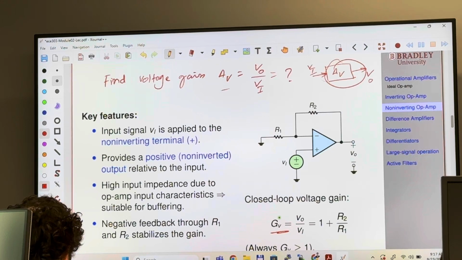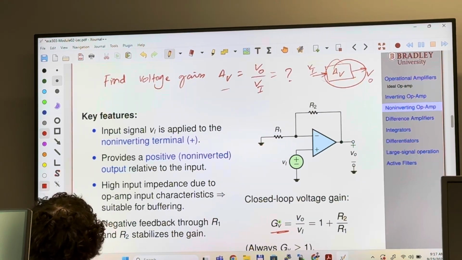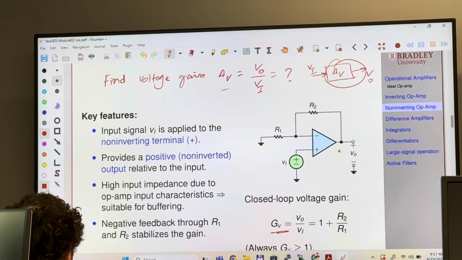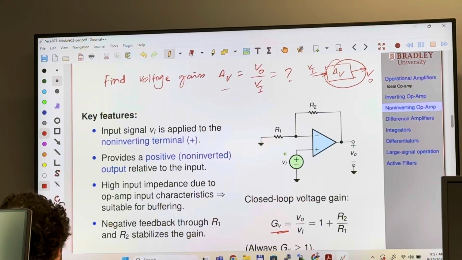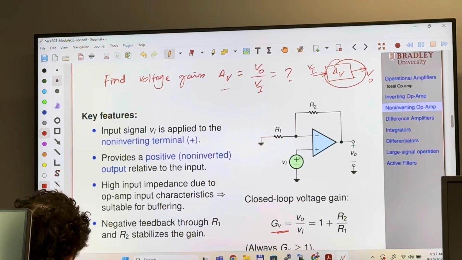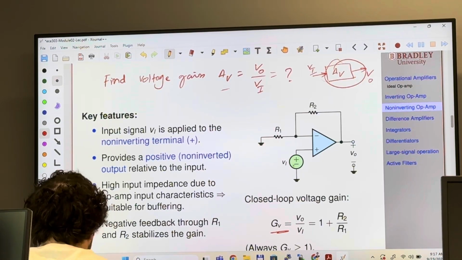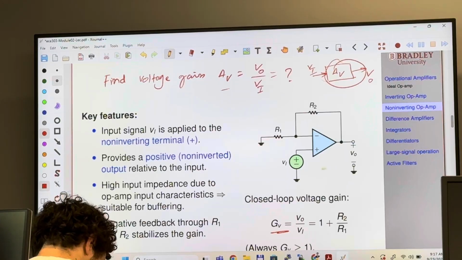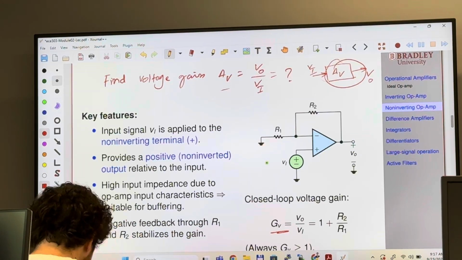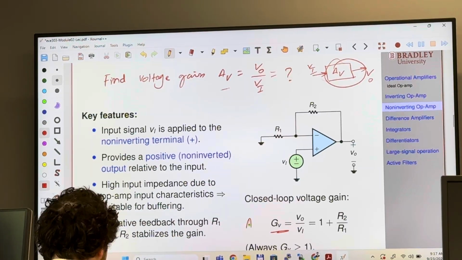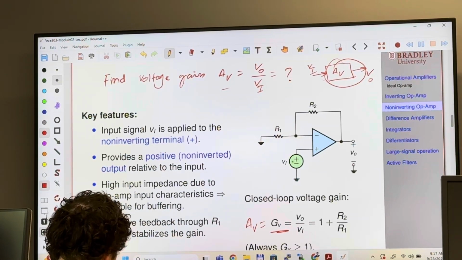I mentioned GV in case you have many other circuit components other than just the non-inverting configuration, and the input is far from the non-inverting terminal, with lots of resistor network. Then what will be the overall output and input ratio? That is going to be GV. But in this case, AV and GV are the same because it's a simple circuit.